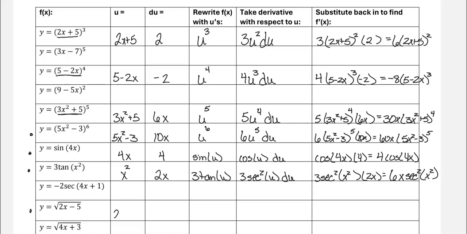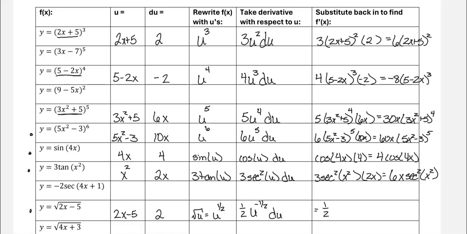my u, that inside function, is 2x minus 5. The derivative of that is 2. So I could rewrite this as square root of u, which is the same thing as u to the 1/2, and I need it in this form to take the derivative. I'm going to bring the exponent down, subtract 1 from the exponent, times du.